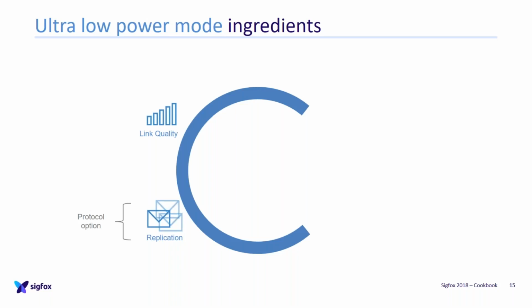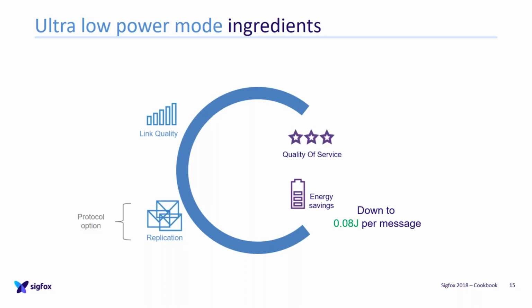Now there is more. We have more protocol options that allow us to drag the energy savings down deeper. But they are a trade-off, okay? It means that we have a protocol option which, when it is available and in certain link quality conditions, you can play with it and gain energy savings without sacrificing the quality of service.